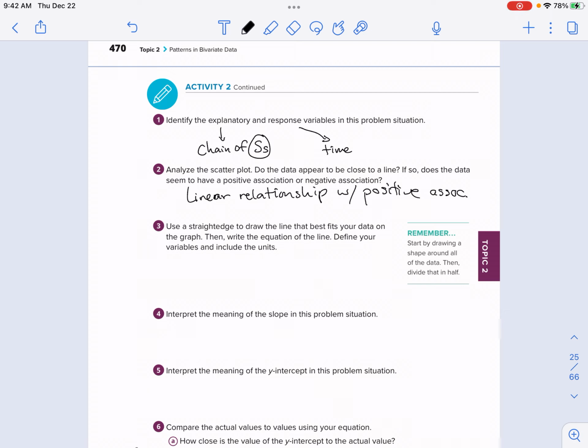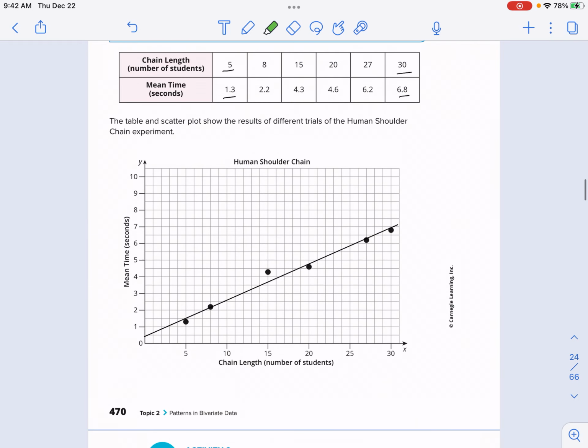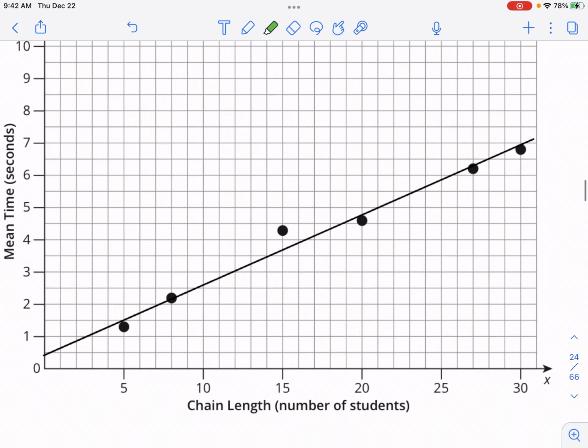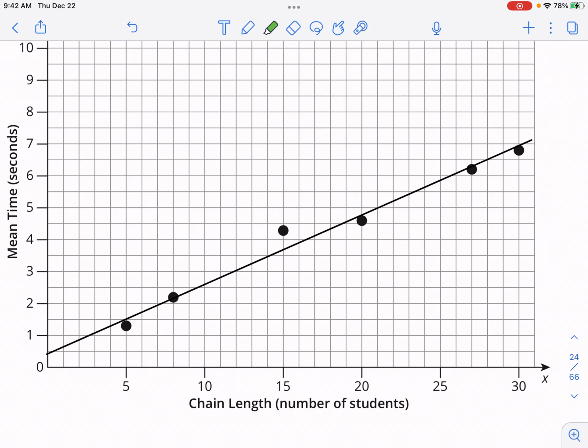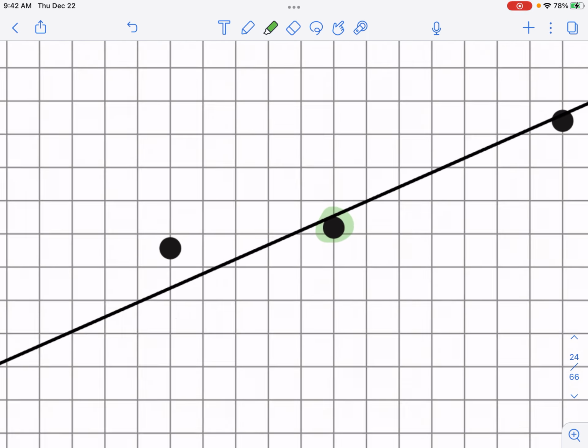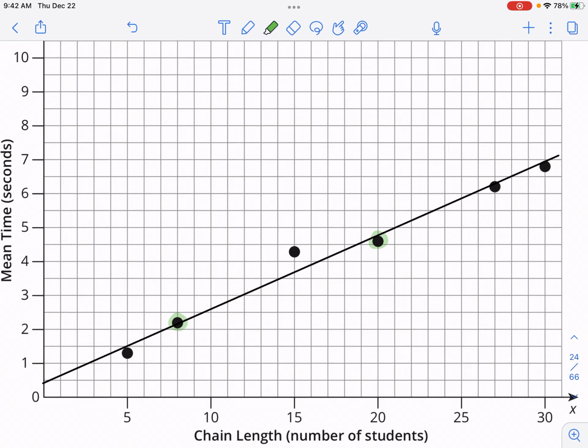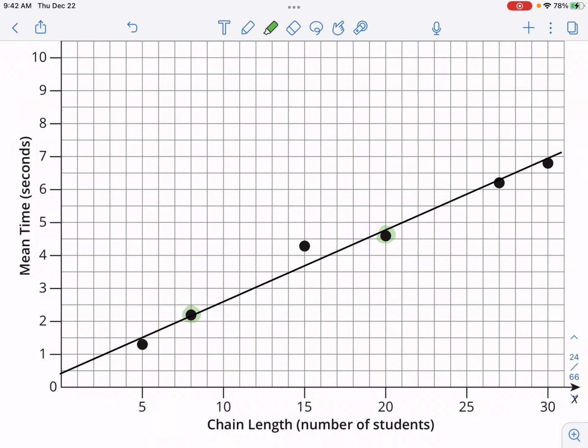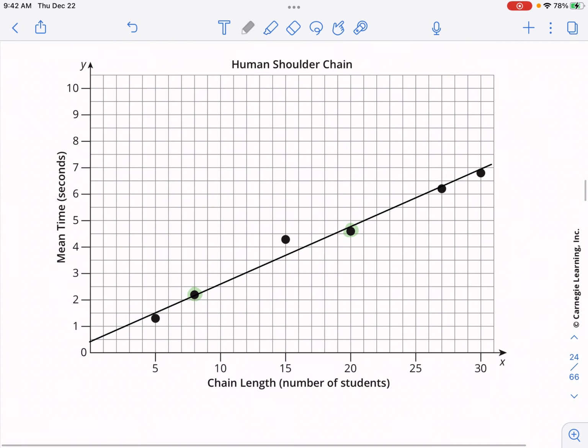Then it says using a straight edge. We already drew the line, but we will have to write the equation of that line. So define your variables and include the units. With this, we're going to choose some of these points. Maybe I'll choose this point and this point here. That's not quite exactly on, but it's close enough that I'll use it. Let's write the ordered pair here.